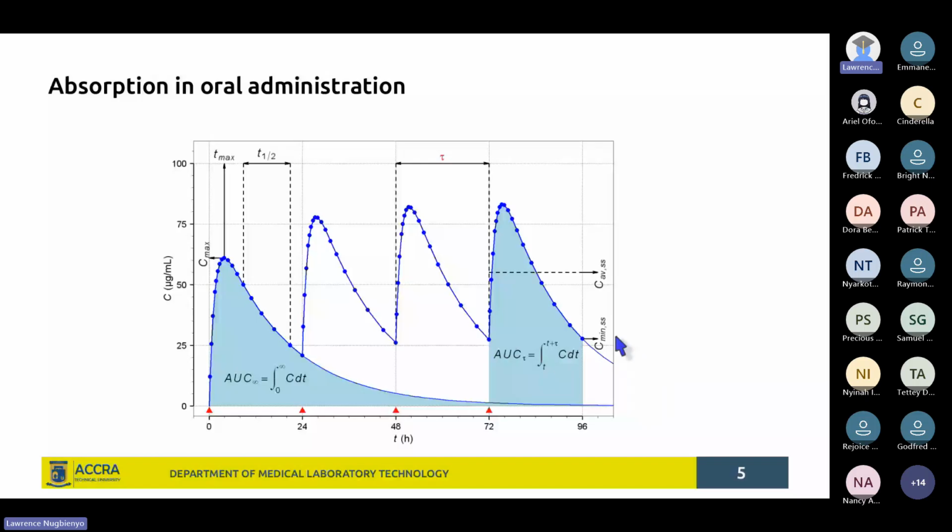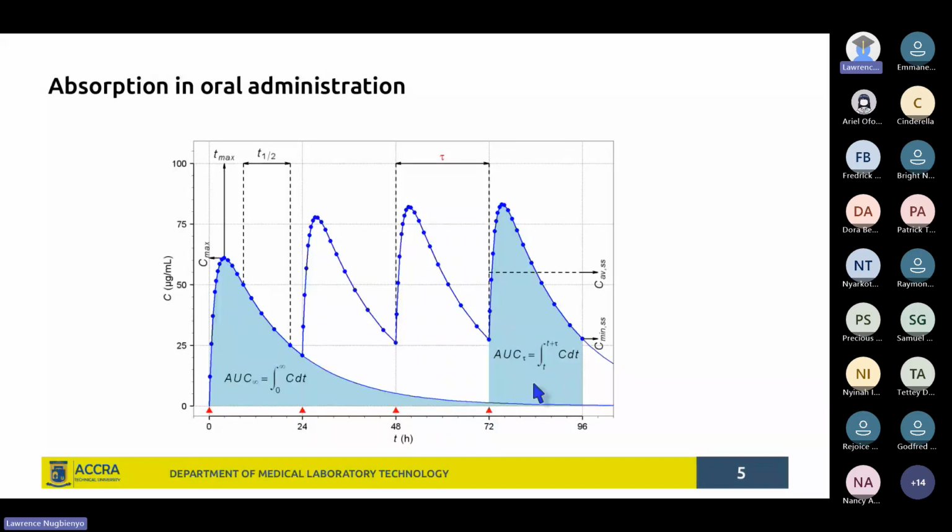But what you see is that you have a low point, which is labeled C minimum, which is to say the minimum concentration that will have effects. So the minimum effective concentration. And you have an average, which is an average of that minimum and the maximum, the highest concentration that the drug has reached.